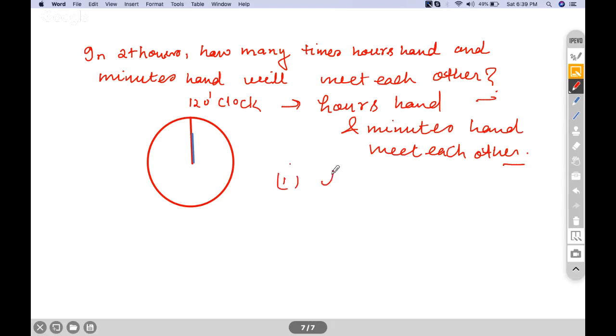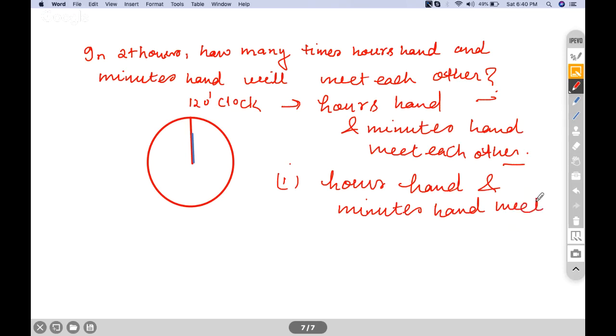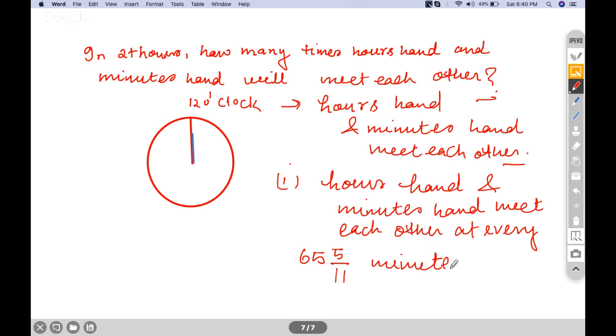I'm saying that hours and minutes hand meet each other at every 65 is to 5 by 11 minutes.